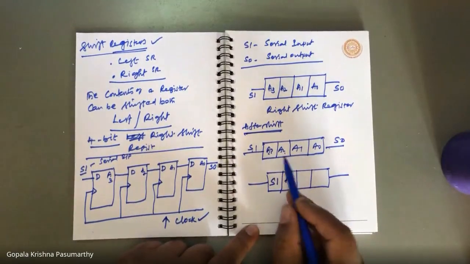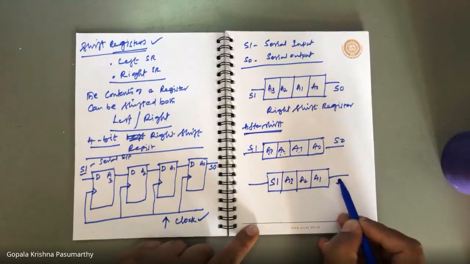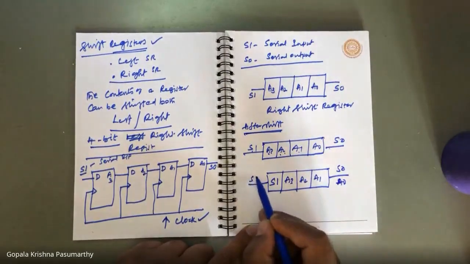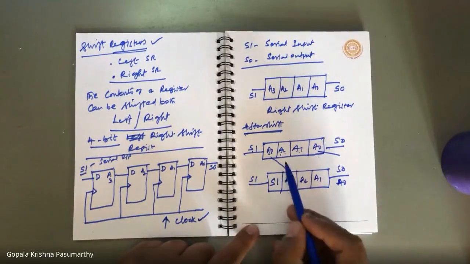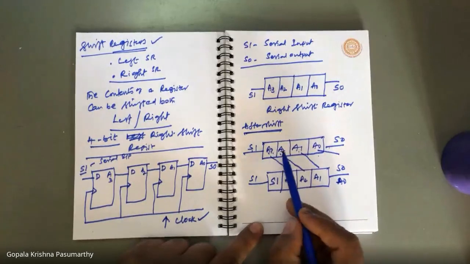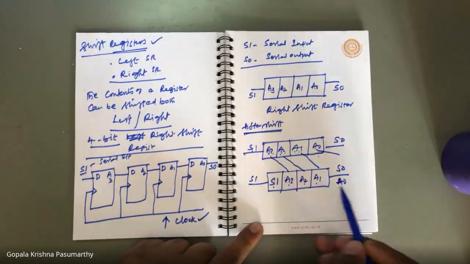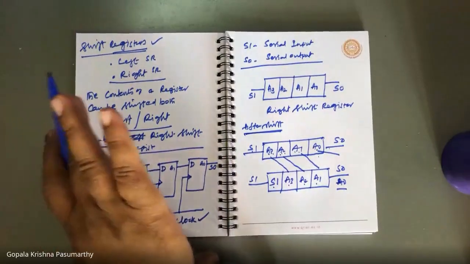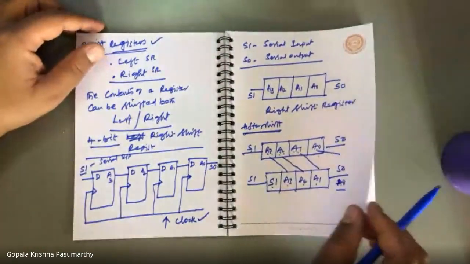This A3 comes here, this A2 comes here, this A1 comes here, and A0 goes out. This is the serial output and this is the serial input. So A3, A2, A1, A0 become SI, A3, A2, A1. What goes out? A0. So we are shifting the contents towards the right. That's why we call it a right shift register.